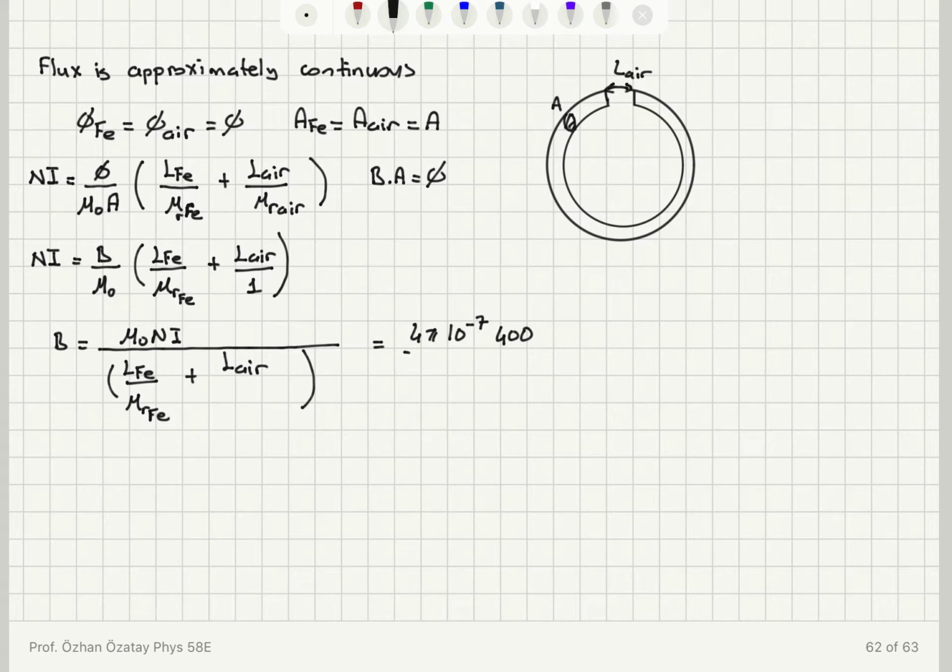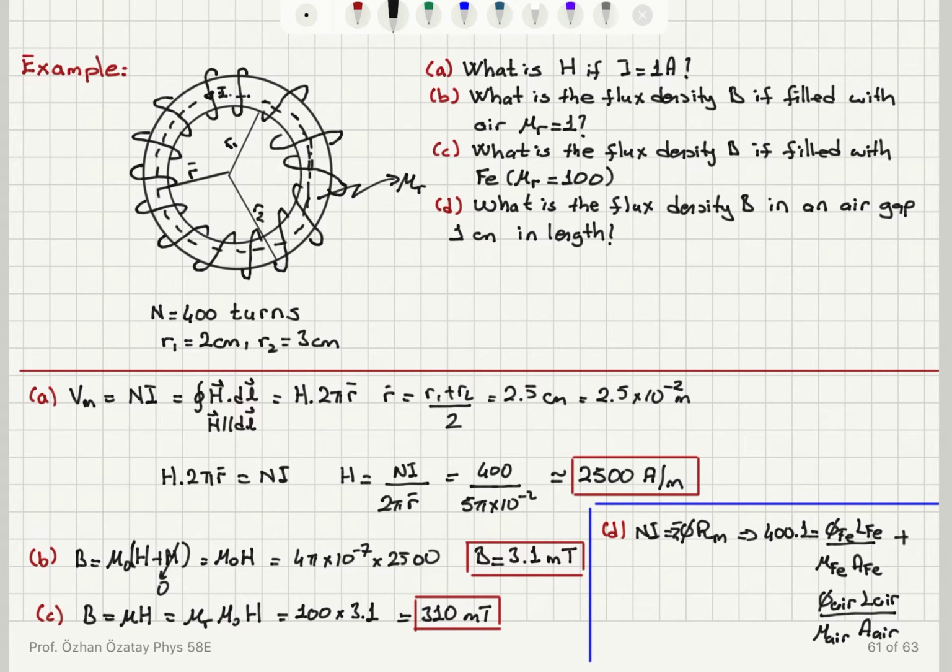divided by the length of the iron part, which we have to calculate. The air gap has 1 centimeter length. The total length, 2 pi r bar, was calculated as 5 pi 10 to minus 2 meters, which is approximately 15 10 to minus 2 meters.